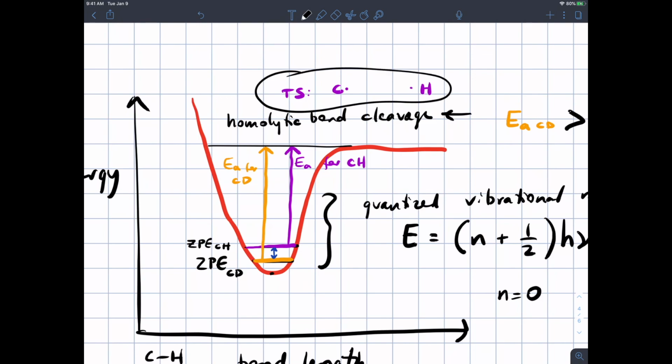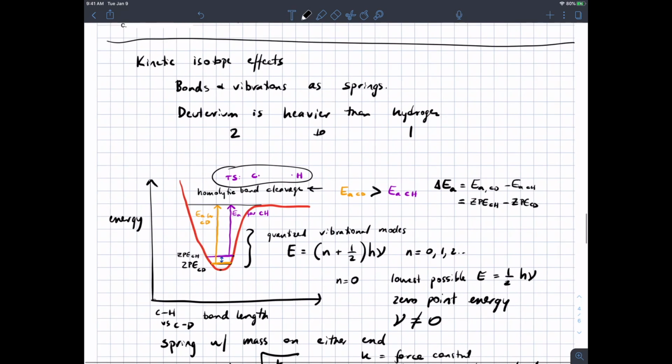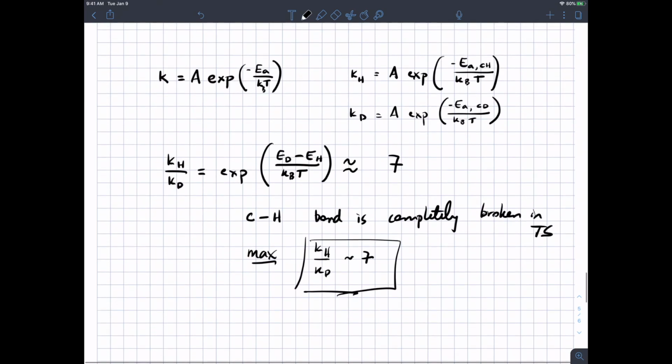For example, if the transition state has about the same difference in zero-point energy for hydrogen and deuterium as does the starting materials, you may not see as much of a kinetic isotope effect. So we'll talk about those complexities later, but it's important that you understand where this comes from and that you understand that the maximum effect you're going to see is an acceleration in rate of about 7.